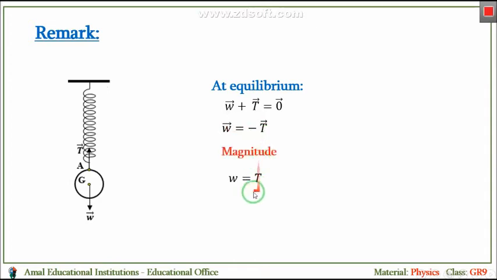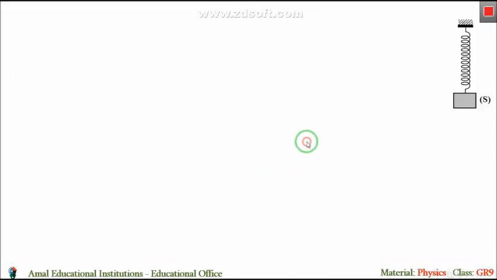As a magnitude, the weight force is equal to the tension force. If we write the formulas of the weight and the tension forces, we'll have a relation between the mass, the gravity, the stiffness constant K, and the elongation x. This relation is that mass times gravity, which is the rule of the weight, is equal to the stiffness constant K times the elongation x, which is Hooke's law's rule, the rule of the tension force.